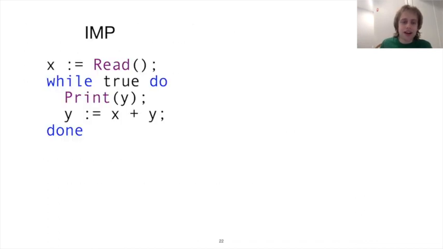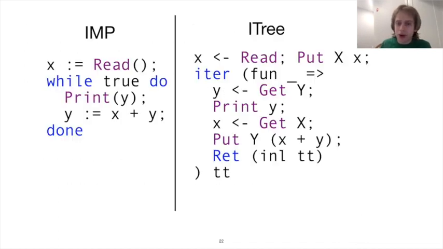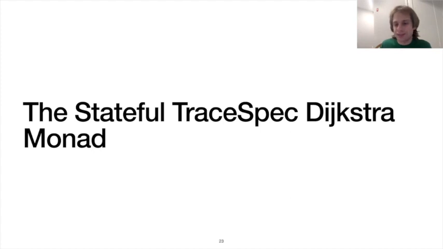So we've got our code from before, and are we there yet? Well, not quite, right? Because on the right, we evaluate away our puts and gets. So we aren't just dealing with I-trees, we're dealing with the state transform of the I-tree monad. So what we really need is the stateful trace spec Dijkstra monad.